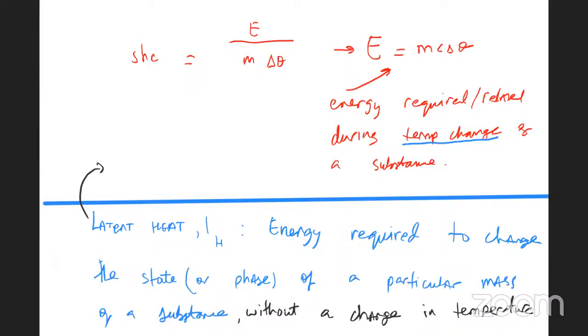The formula looks like this. Latent heat is the energy required to change the phase of a particular mass. Underneath that, write the formula for latent heat.